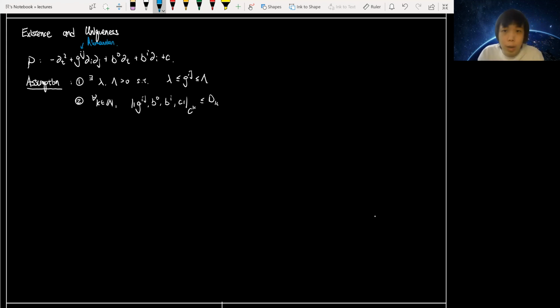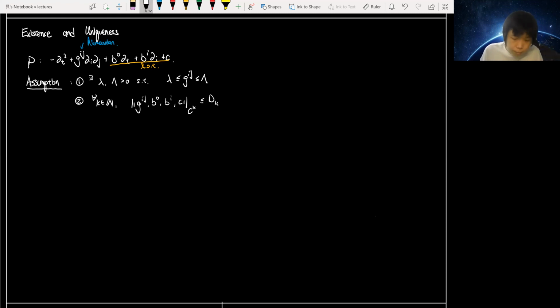Those two are the leading coefficients for the second order derivative. And there are some other lower order terms. And we put the assumption that the Riemannian metric is uniformly elliptic. Furthermore, everything is smooth with bounded C^k norm. So we consider this type of wave operators.